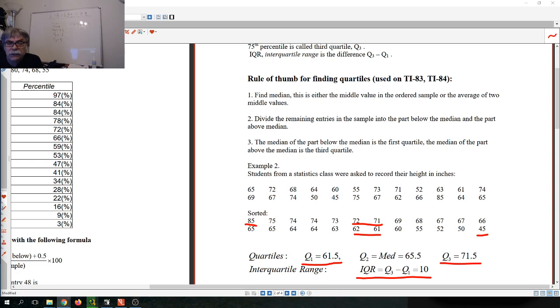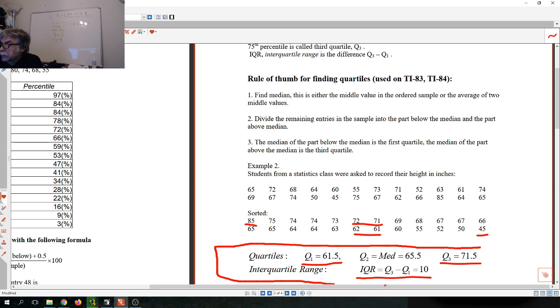So I'm looking here at the situation that I have in this particular sample. In this particular sample, I have all of the elements that I need for the box plot.